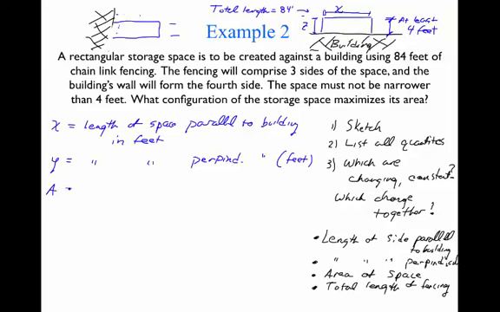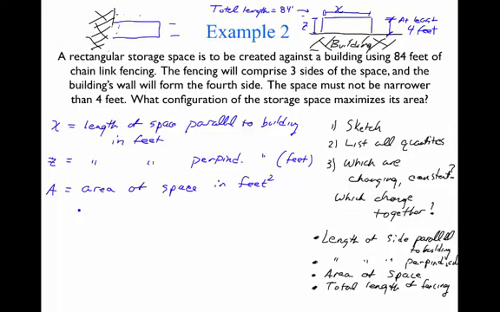Okay, A. Z, thank you. That's what we decided, z. A is the area of the space in units. It'll be feet squared. Area units will be feet squared.